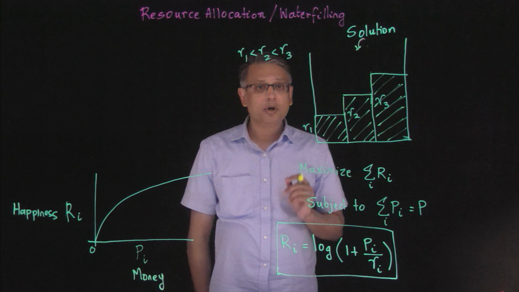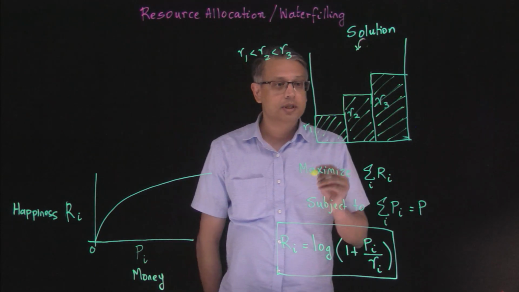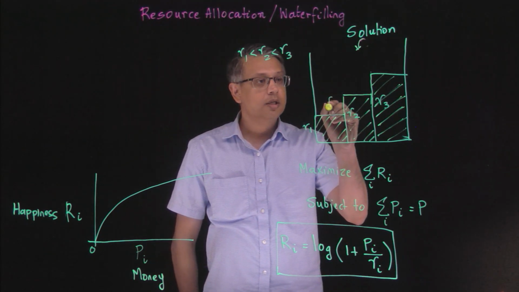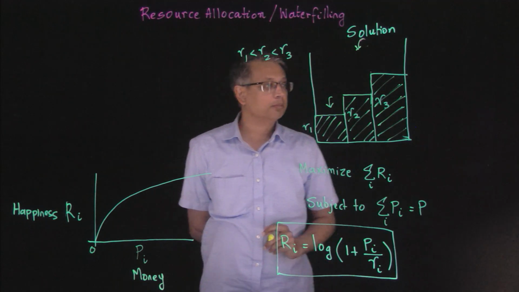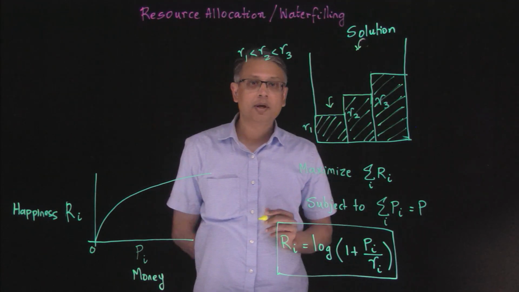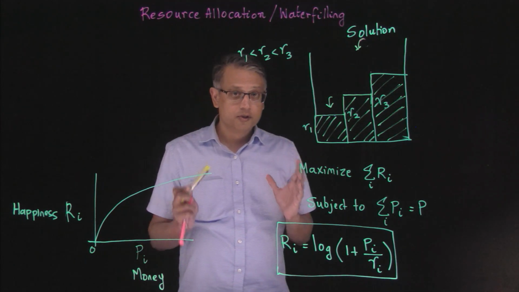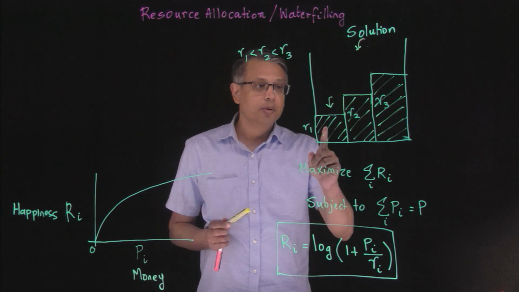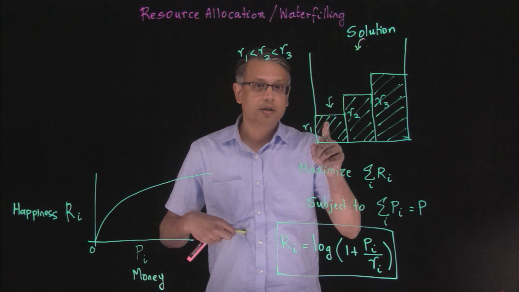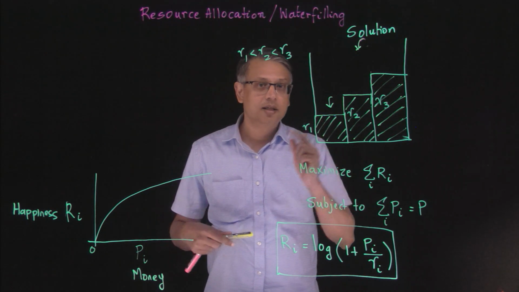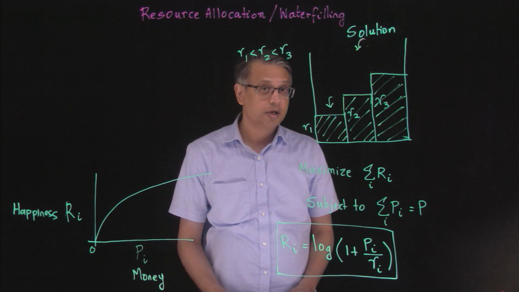So if I have only a little bit of water to pour, what's going to happen is all that water is going to go into this compartment, right? So what that means is if you have only a little bit of resource, you want to put all your water into that task that gives you the largest reward.